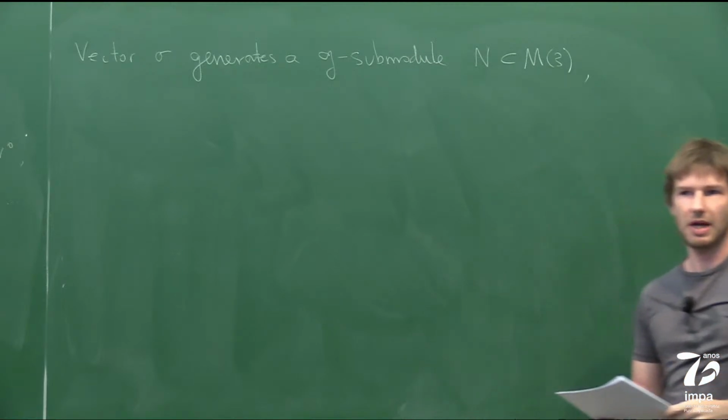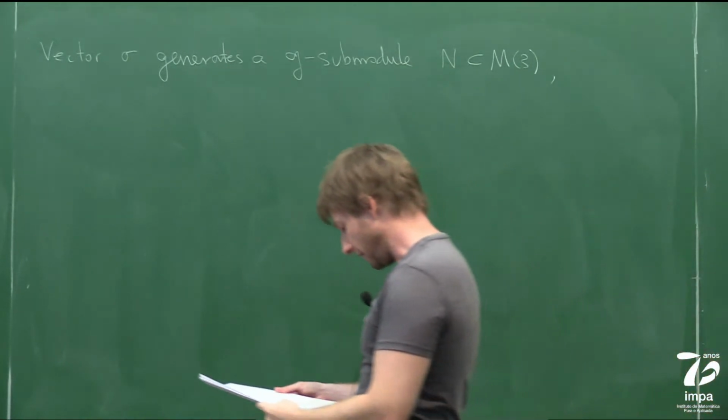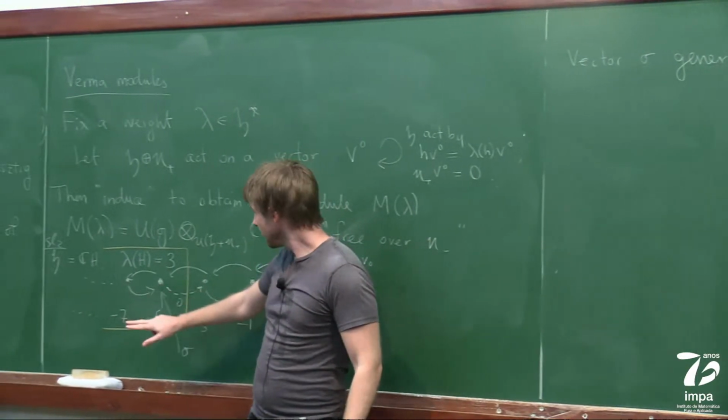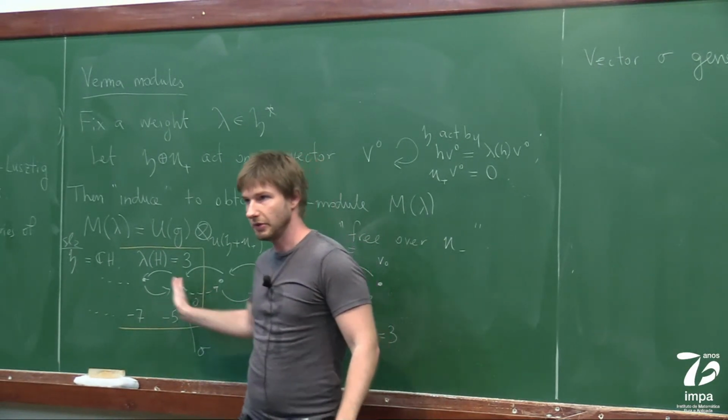We call this submodule n. It turns out that n is itself isomorphic to a Verma module. This time it has highest weight minus 5, and it goes down from there.